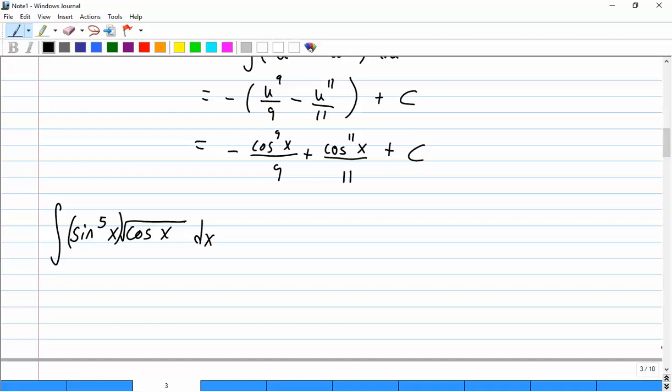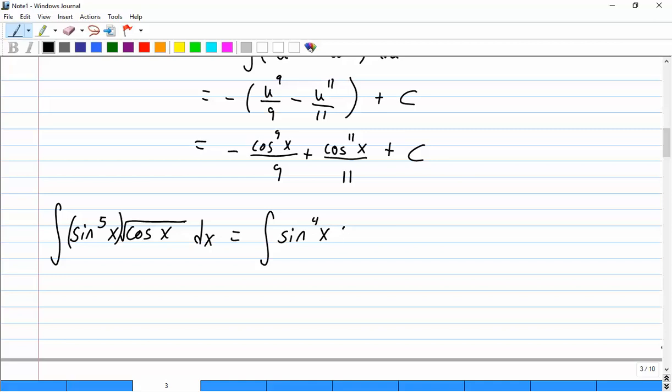Now, for what we're doing to work out, we only need the power of sine to be odd and positive. We're going to do everything the same, except you're going to see we're going to run into some other stuff we have to do. All right, so that's going to be the integral of, if I bring out a sine term, that's going to be sine to the 4th power.